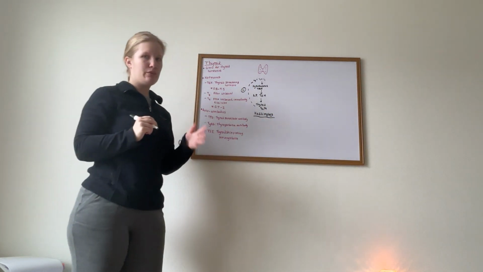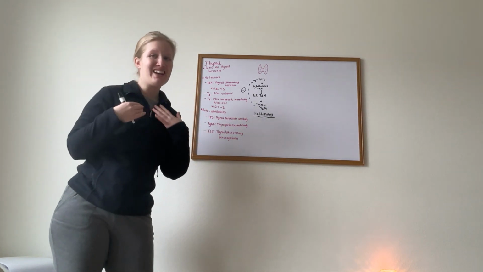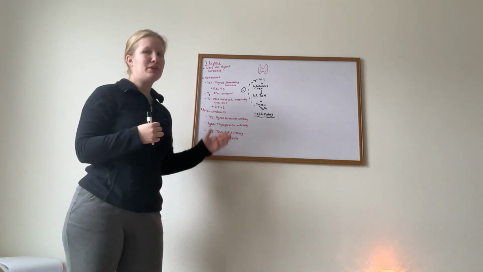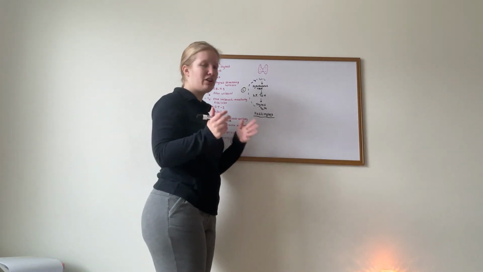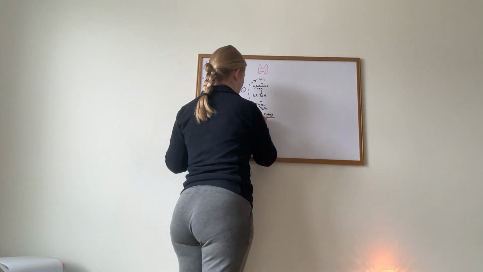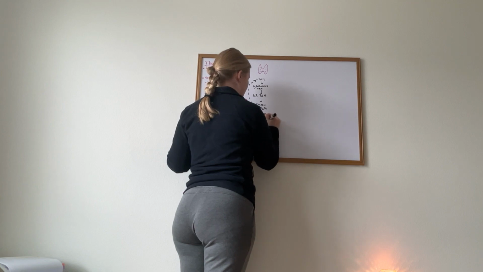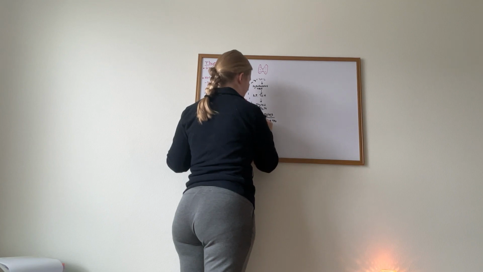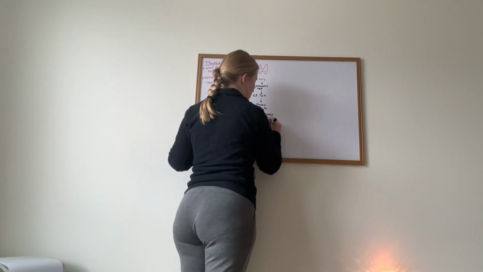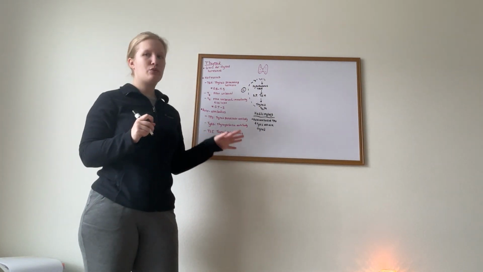So in Hashimoto's thyroiditis, this is when those two autoantibodies, so that means they're attacking us, TPO and TGAB, come out and start shooting up the thyroid. Eating the thyroid, whatever you prefer. So this is when the autoantibodies TPO and TGAB attack the thyroid.